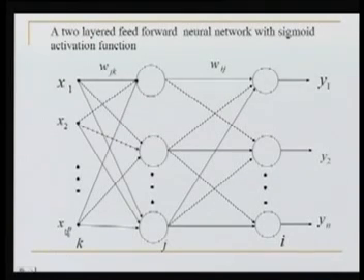A typical weight between hidden layer and output layer is represented by Wij, because I is here and J refers to this particular unit layer. A typical weight between input layer and hidden layer is represented by Wjk, where J refers to the index for the hidden layer and K is the index for the input layer.